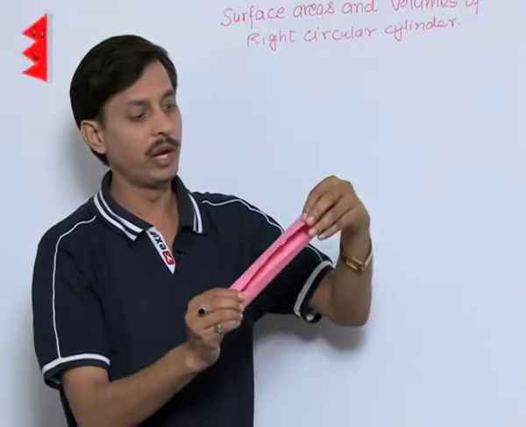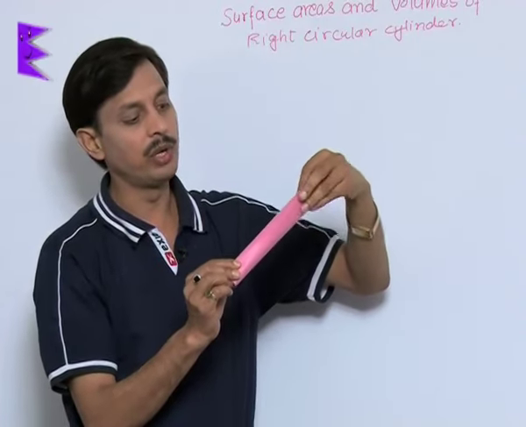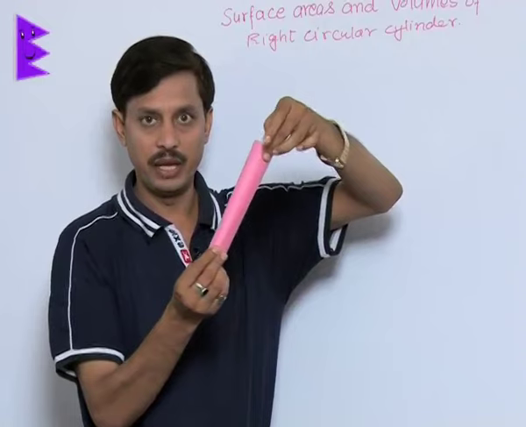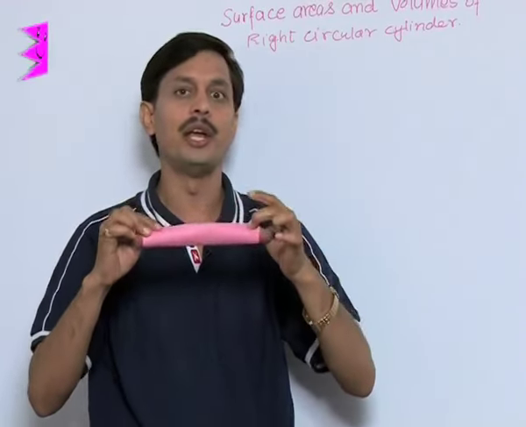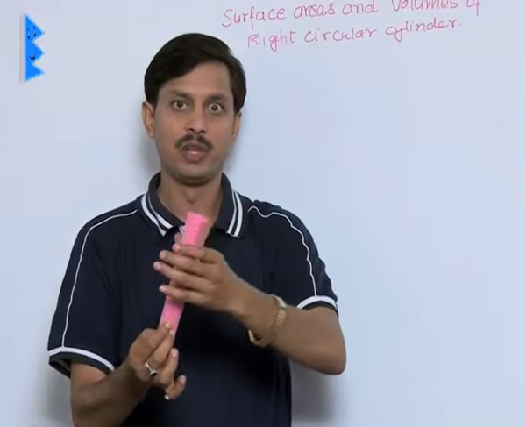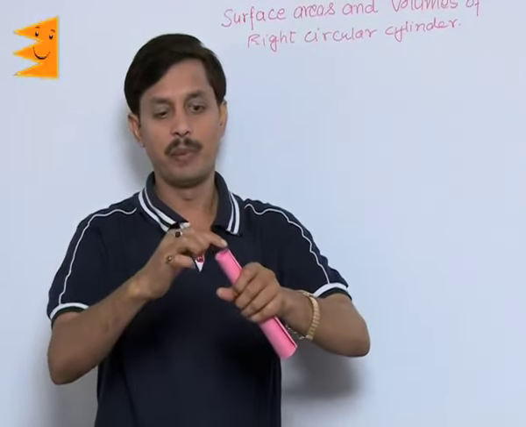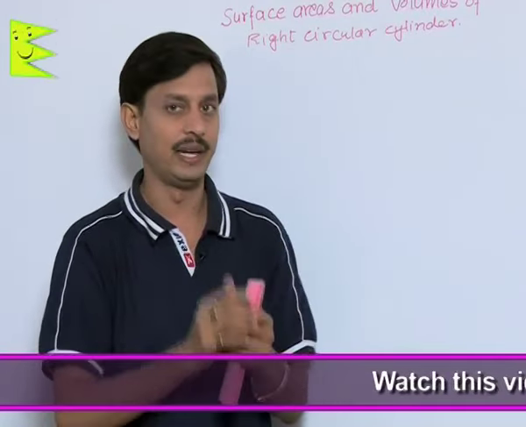So the first way to form the cylinder with the rectangular sheet is that you have rolled the rectangular sheet toward its what? Breadth. Then in this case, breadth becomes the circumference and length becomes the height.